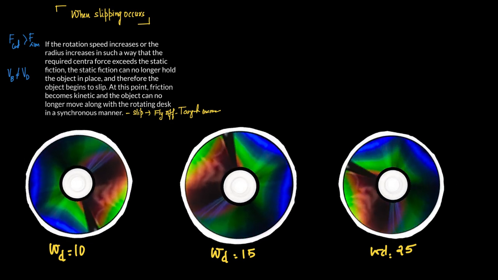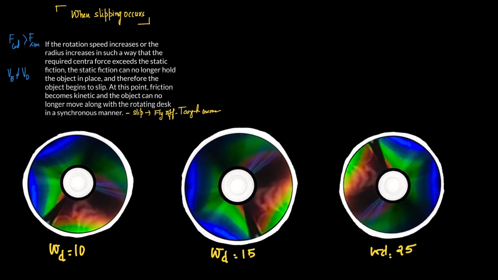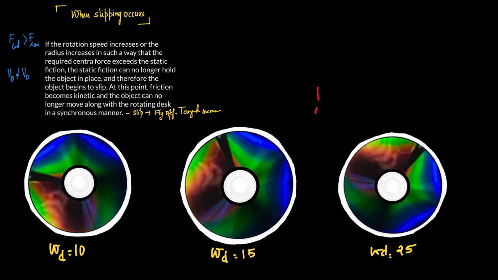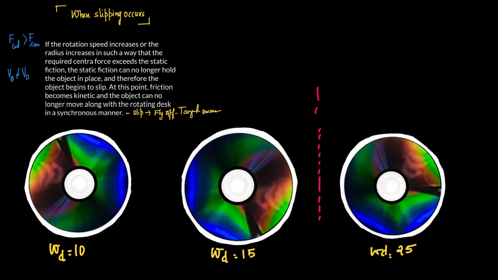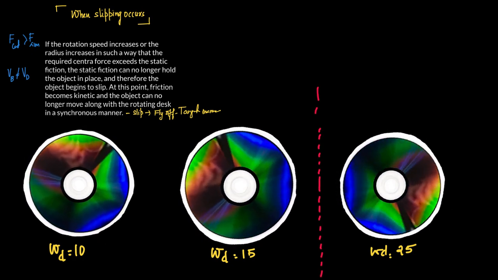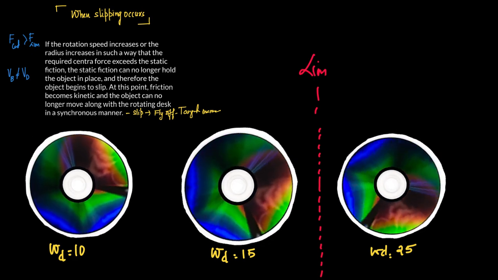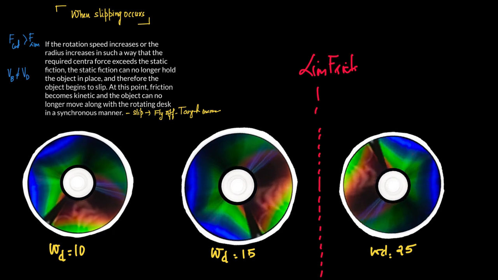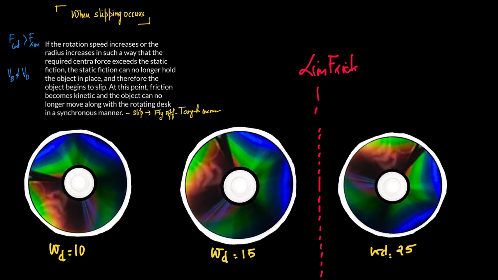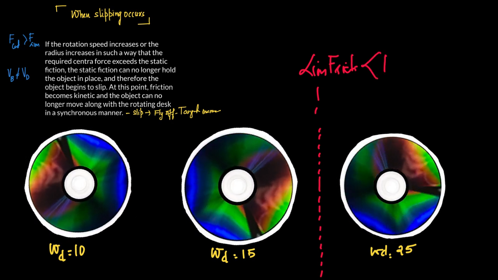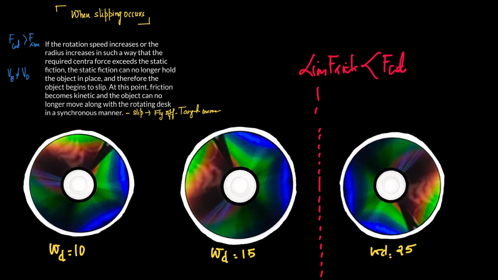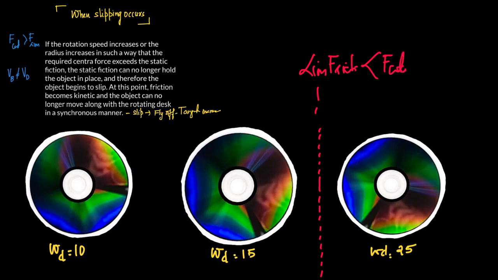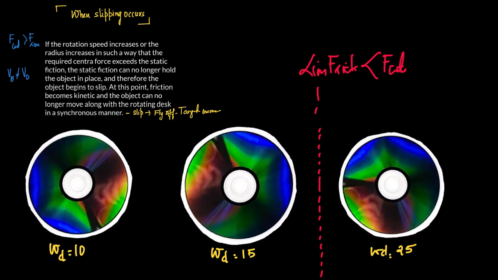So let us say after this point, the limiting friction is less than the centripetal force. Now let us try to visualize what happens in these cases.